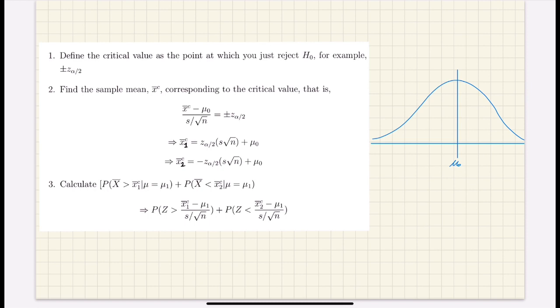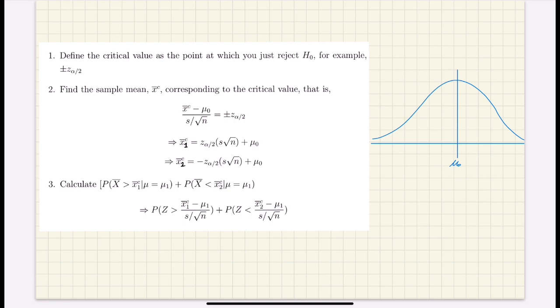So these are the 3 simple steps that you should know when solving a question related to power of a test. The first one is to know when to reject H naught. So you want to find a critical value at which you just reject H naught. And this is simply going to your statistical table and finding the critical value.